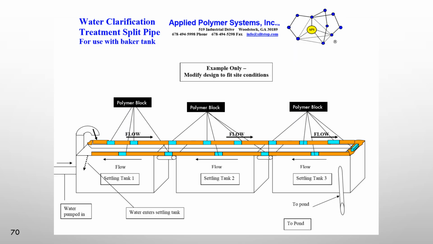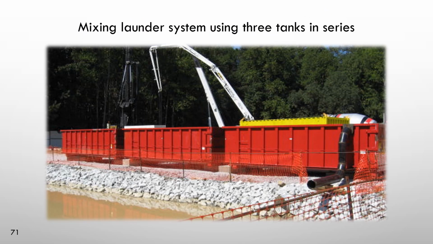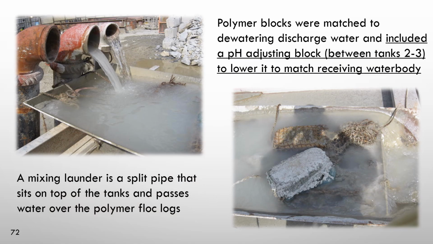So in this case specifically, we added flocculants with a tank and got our mixing and reaction and used the tanks to settle the flocculated particulate. We called it a launder system. So we treated the water with the pH logs and the floc logs, and then used the tanks to settle particulate.